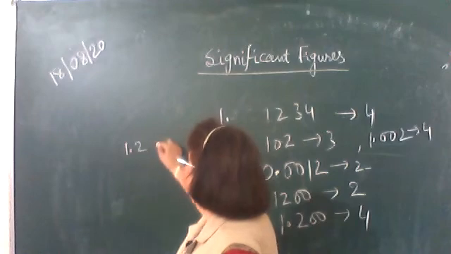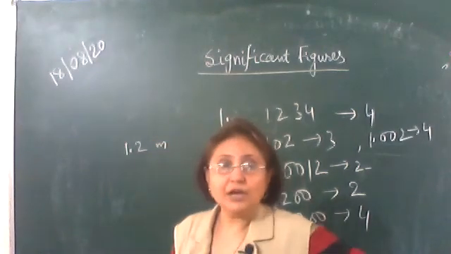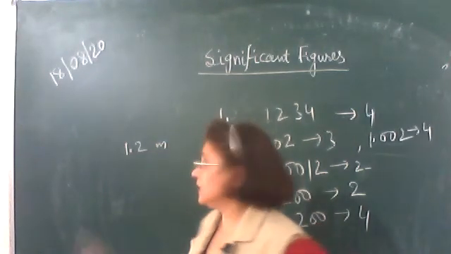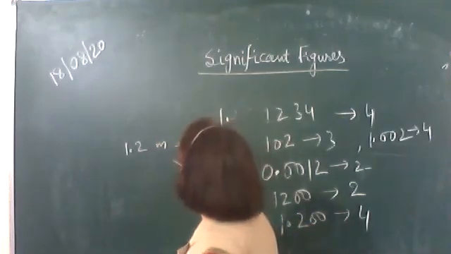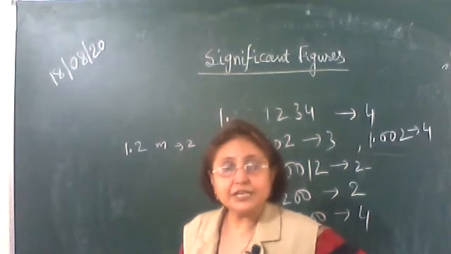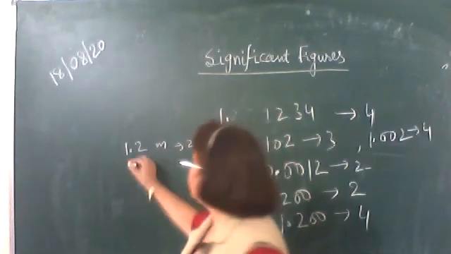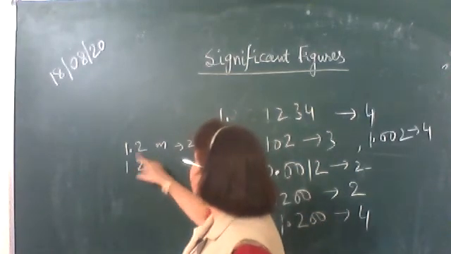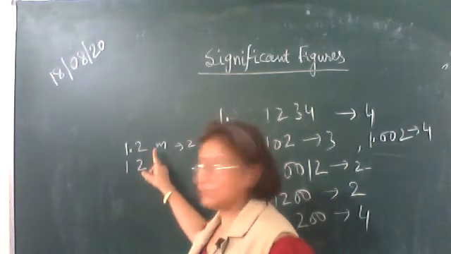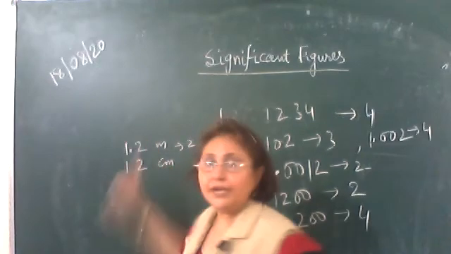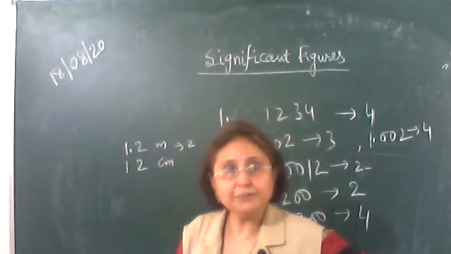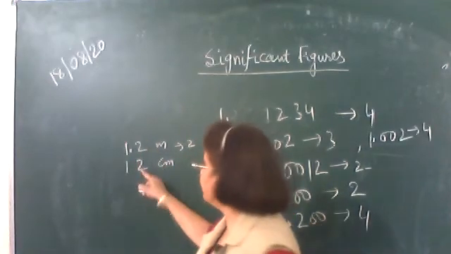For example, 1.2 meter. How many significant figures? There are 2 significant figures when we take it in meter. Now let us convert it into centimeters. It will be 1.2 into 100.